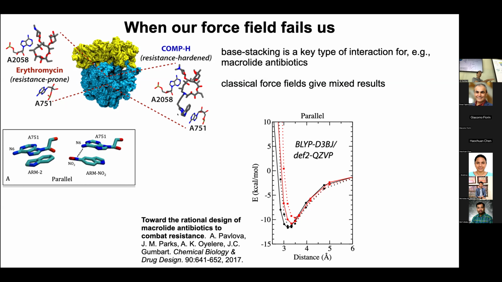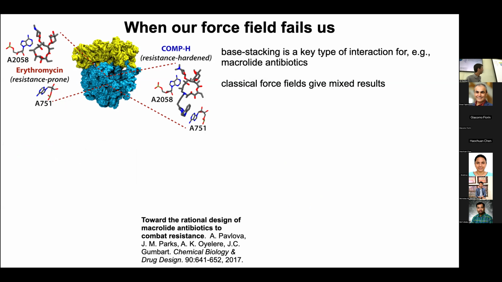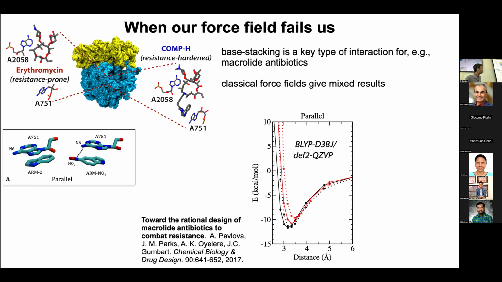And typically we think about parallel base stacking. That makes sense, where you get some nice electrostatic interactions. And we look here, so just compare red to red or black to black. These are the energies of the interactions. Not too bad. I'm seeing maybe half a kcal per mole difference.